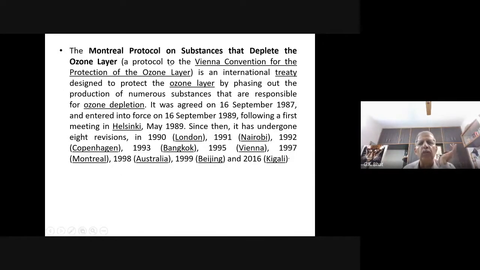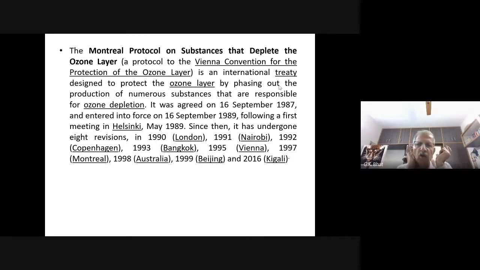The Montreal Protocol on Substances that Deplete the Ozone Layer, the protocol to the Vienna Convention, is an international treaty designed to protect the ozone layer by phasing out the production of numerous substances that are responsible for ozone depletion.